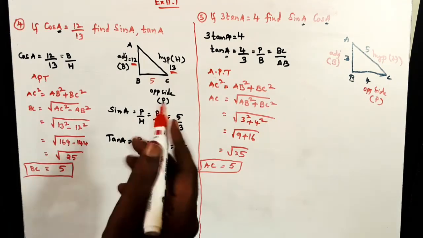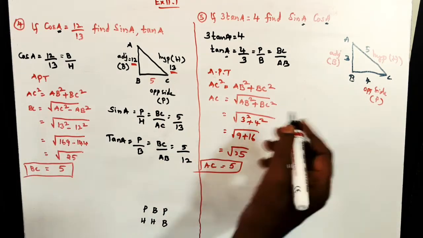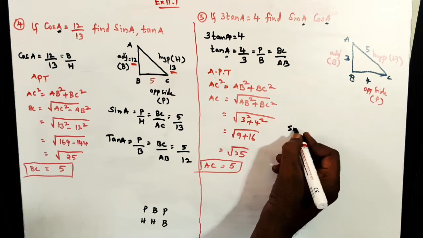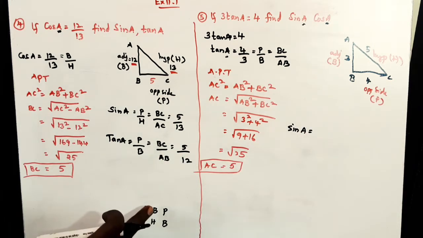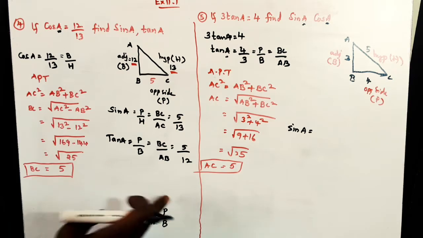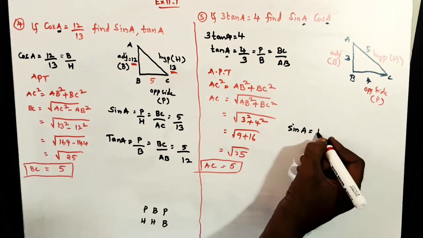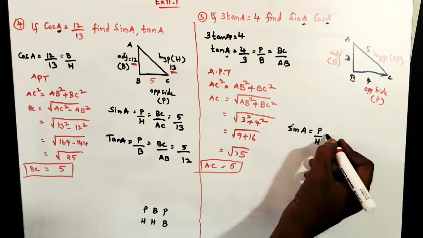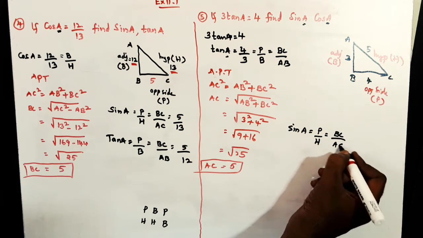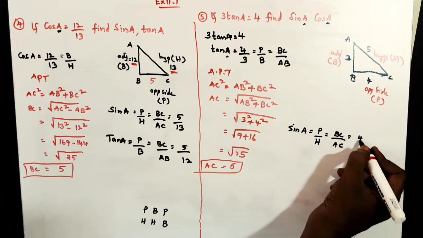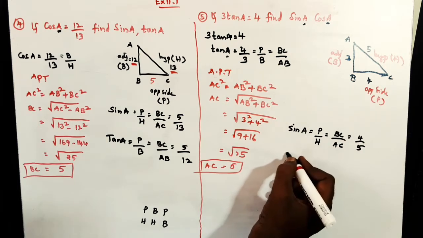Now find sin A and cos A. Sin A. So Pandit Badri Prasad Hara Hara Bole, sin cos tan, P by H. P means BC, H means AC. So that is equal to 4 by 5.